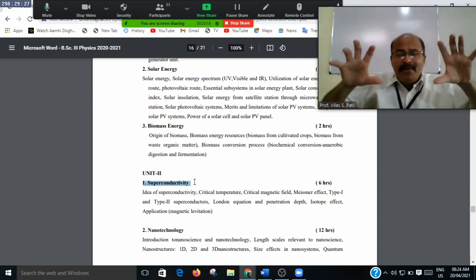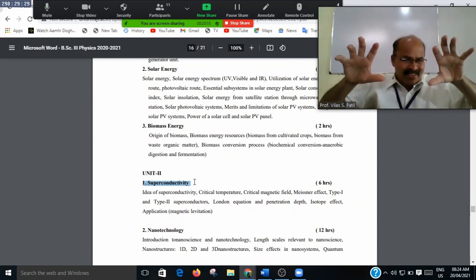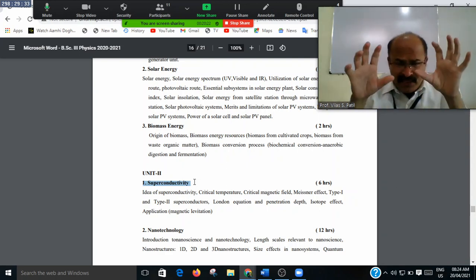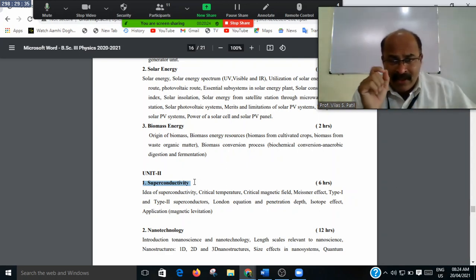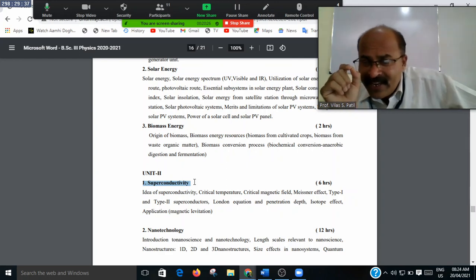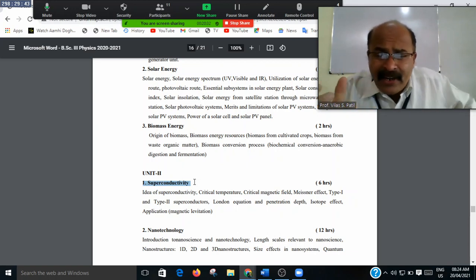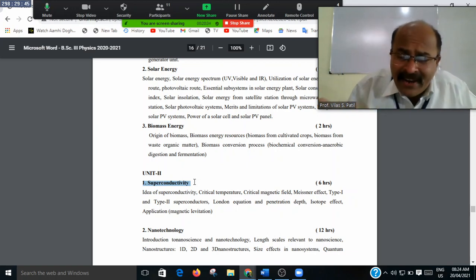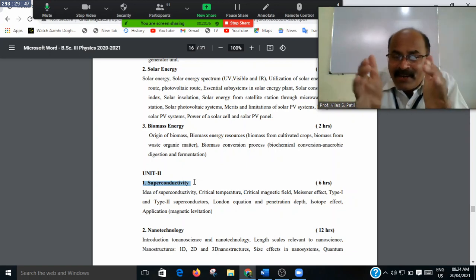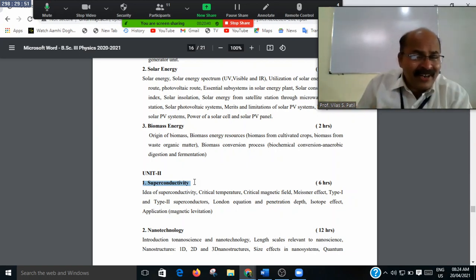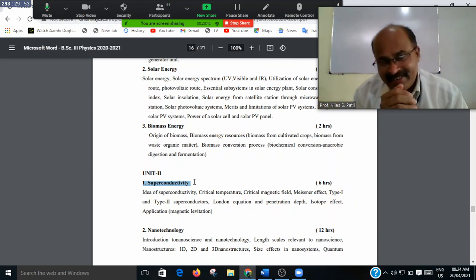But in between these two, the conductor and the insulator, there is one very essential material, that is the semiconductor. The semiconductor is the matter which behaves with a combined property. It is neither conductor nor insulator.